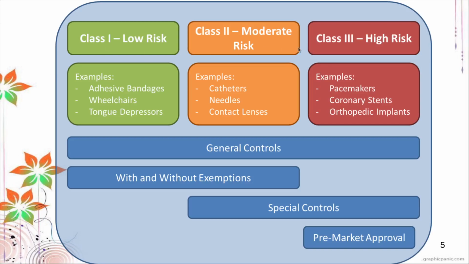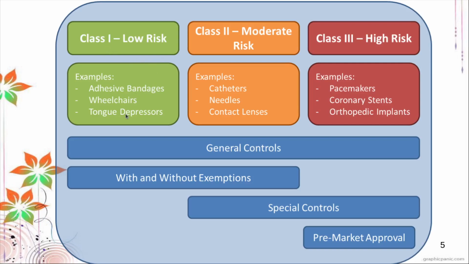Here is a different graph, but again, class 1 is the low risk, class 2 is the moderate risk, while class 3 is the high risk. That means the risk here is danger to the individual or the patient using the device in case something goes wrong.